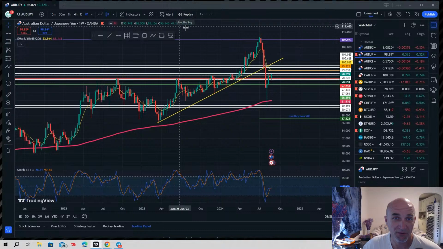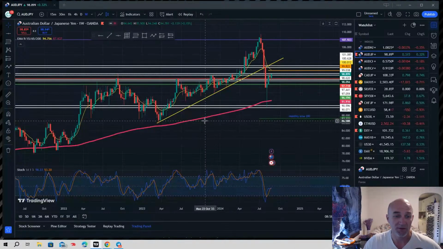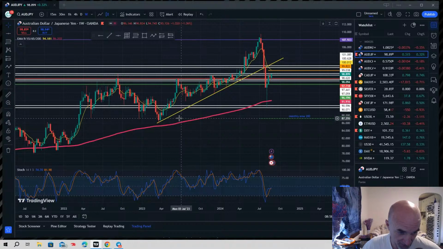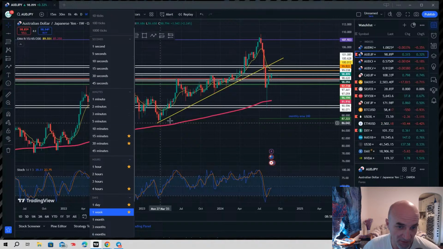Replay, you can do replays. If you pay for it, it's like $15 a month. It's really cheap, and it is worth it because you get to have all this information. You can go down to the 1 minute time frames, down to the 1 second. It moves very fast, and you can have a chart in any time frame.